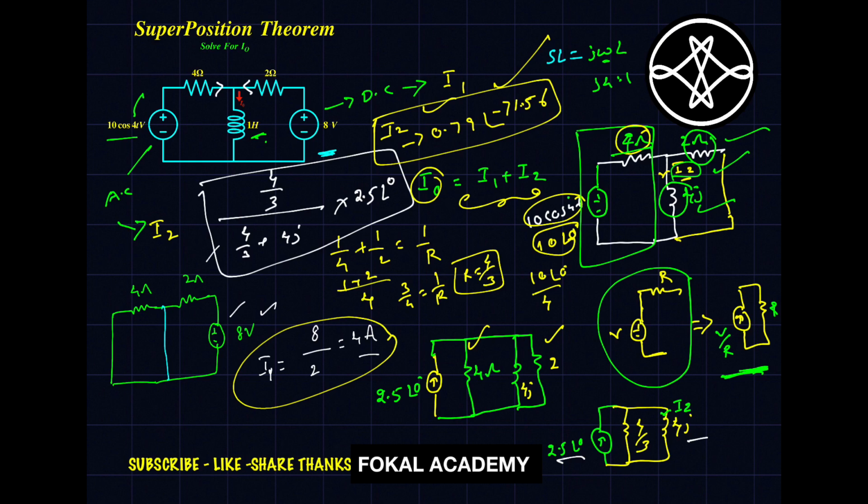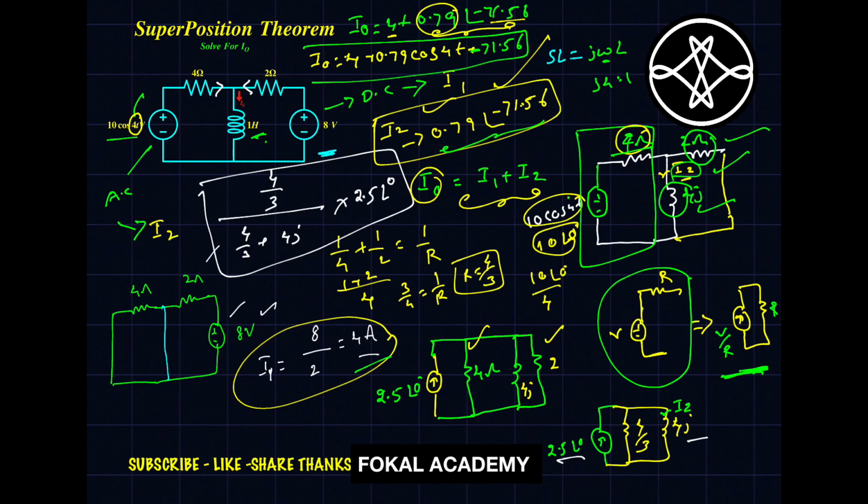I0 equals 4 plus 0.79 with phase angle minus 71.56. Keeping the DC part, it can be written in cosine form: I0 equals 4 plus 0.79 cos of 4t, plus phase angle minus 71.56.